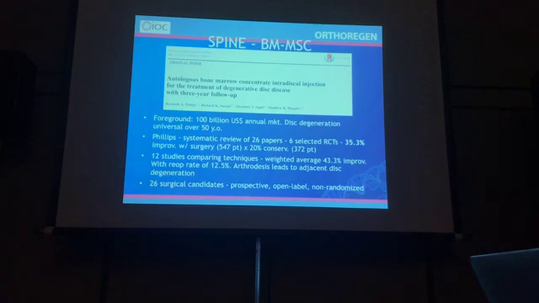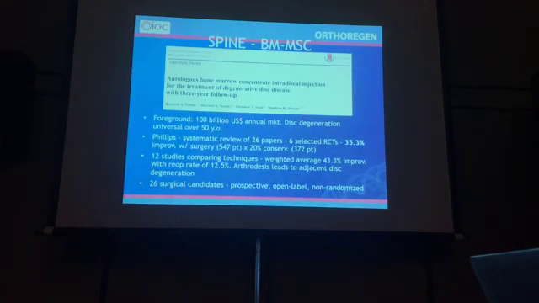Well, this is perhaps the most important paper I'm going to present to you today. And this is the work of Petin, and it was published last year. And the foreground is that the US spends annually $100 billion regarding this pathology. 100 billion.